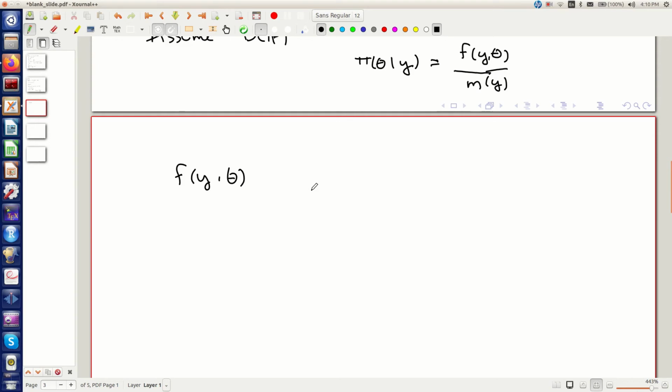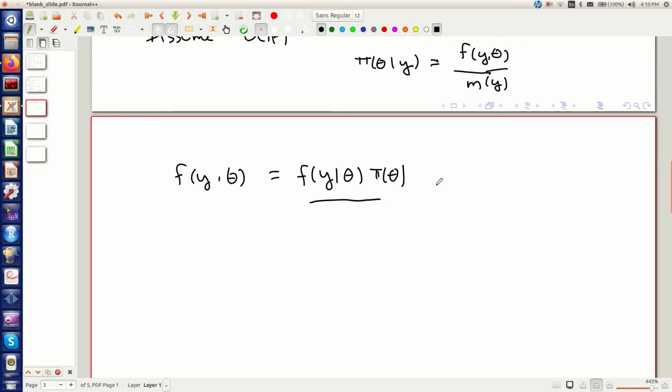Let's see, what's one way to do this? You have this joint distribution, but this is also equivalent to this one. Just by conditional probability rules, you could get this.